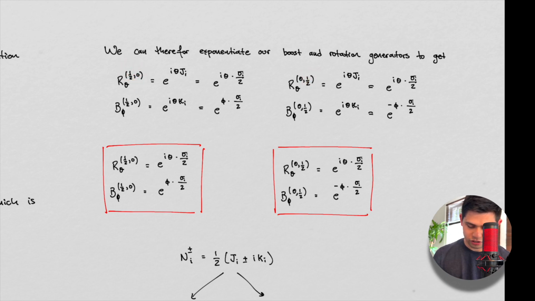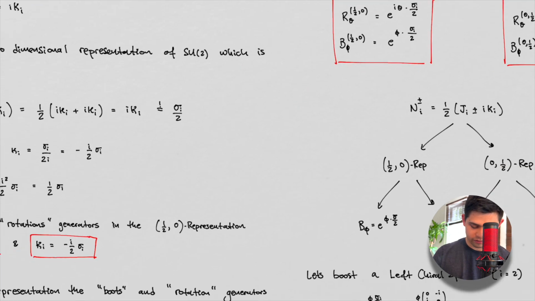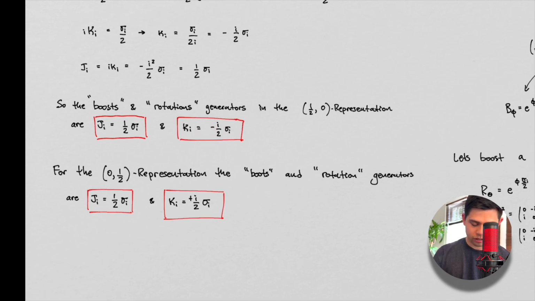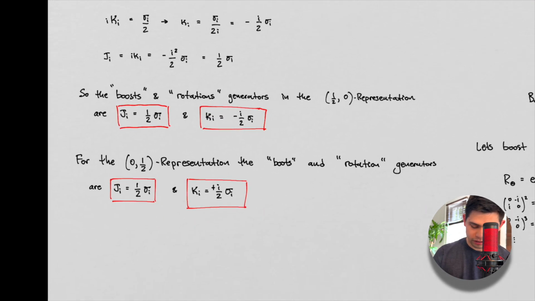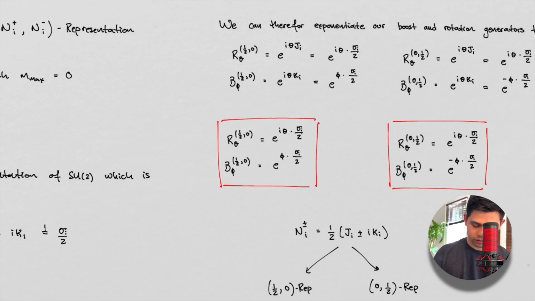In the other representation, it's the same thing. However, with our boosts, they're different, right? Because of this sign. The thing is that when you go through all this algebra, the real difference is going to be our boosts, not our rotations. Okay.